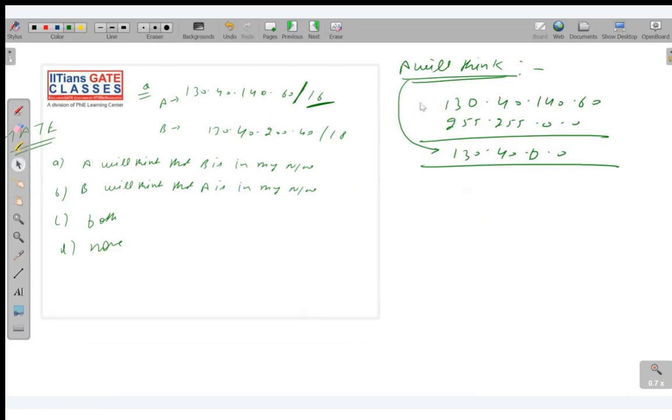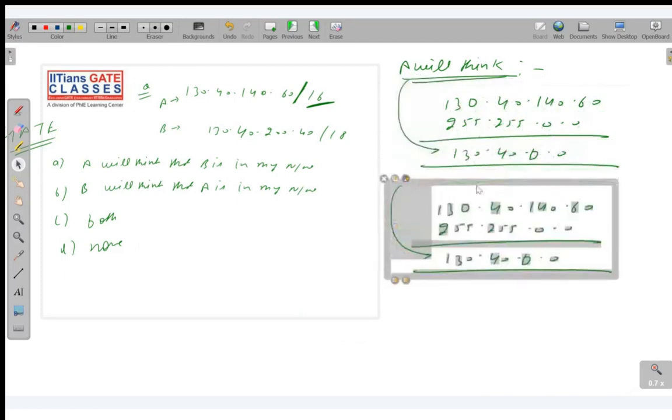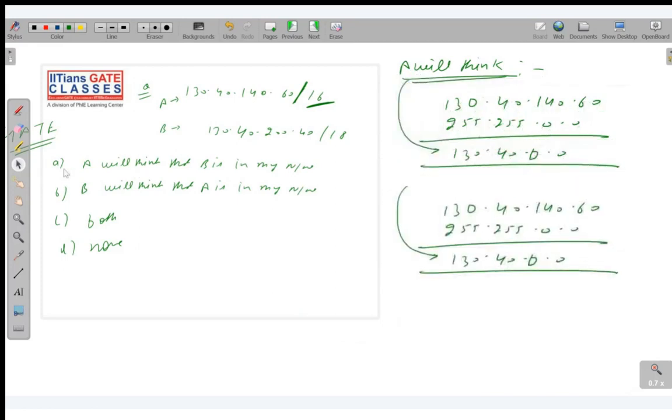Let me copy it just to save time. So what is the IP address? 130.40.240. So it will get the same. So A will think, finally, B is in my network.